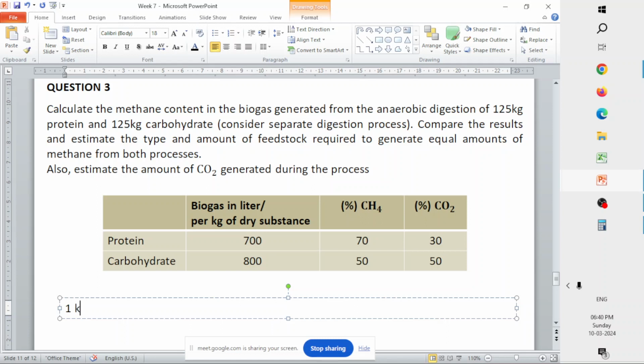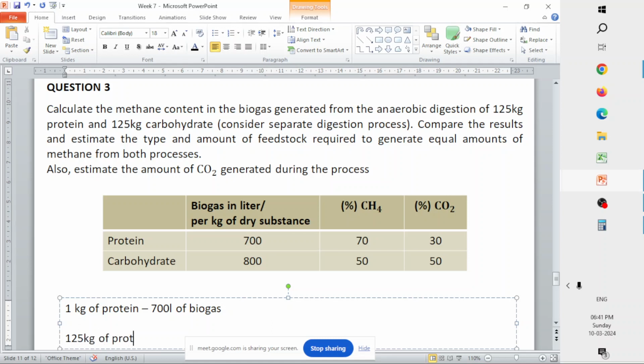So for 1 kg of protein, after it undergoes digestion, I get 700 liters of biogas. This is the given information to us. Now I have 125 kg of protein, such a large amount of feedstock.